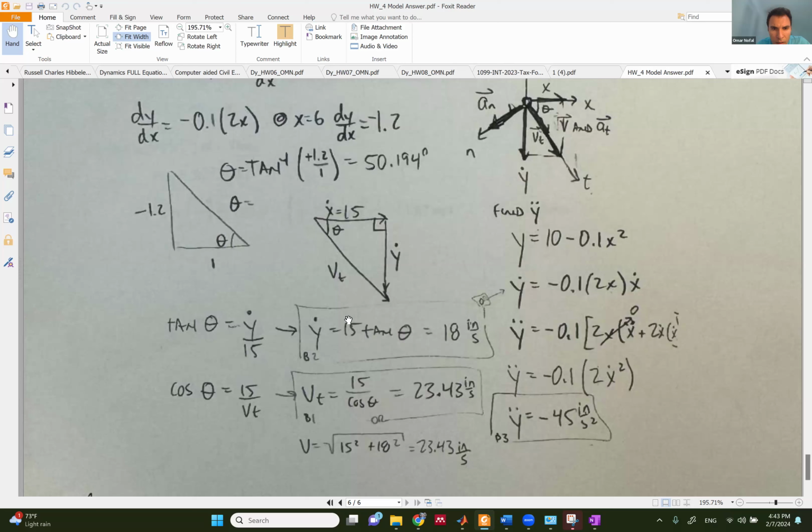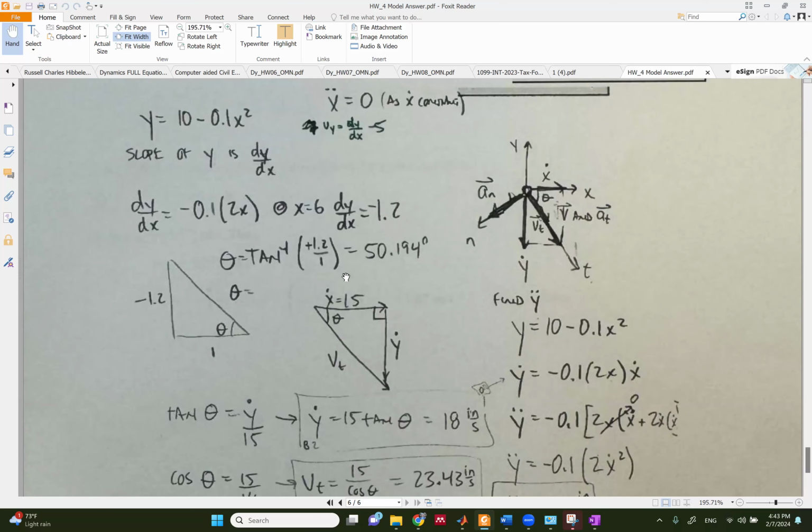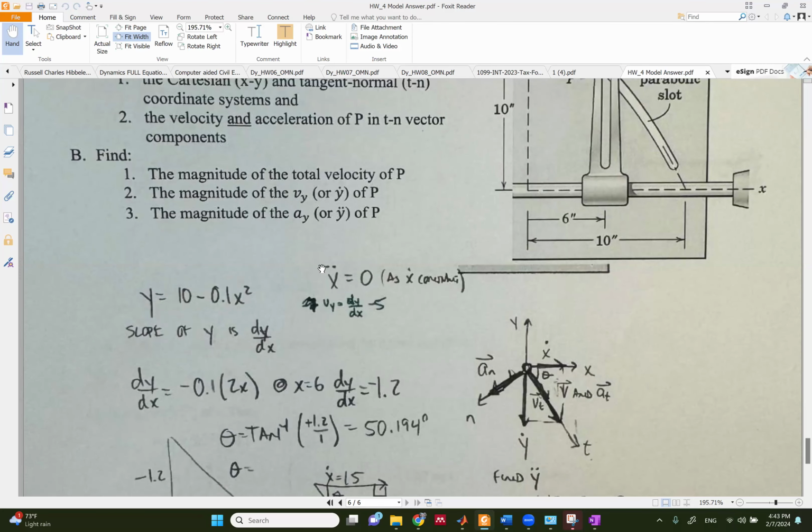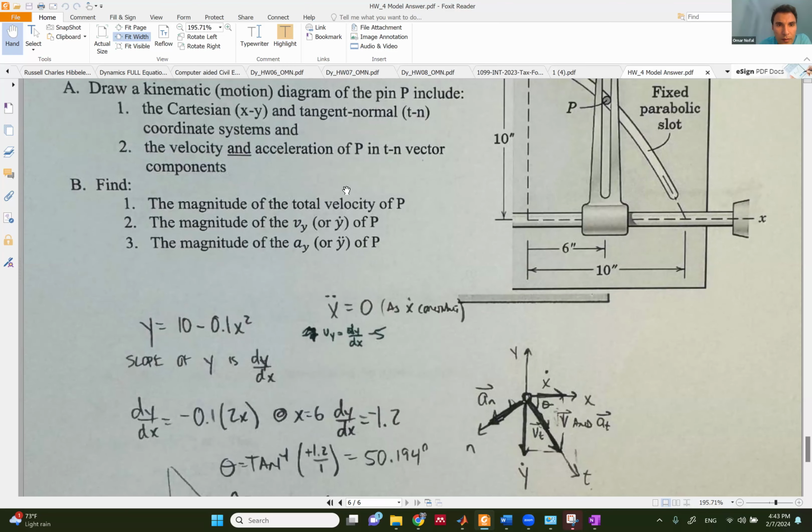It says 15 over cos theta, but do we have V total? Yeah, we calculated that first. For B1, we were supposed to get the total, and then we used the total to calculate Vy. You could use the angle and the total to calculate Vy, or you could use the equation itself like you just did. So I believe all of them are going to be right.